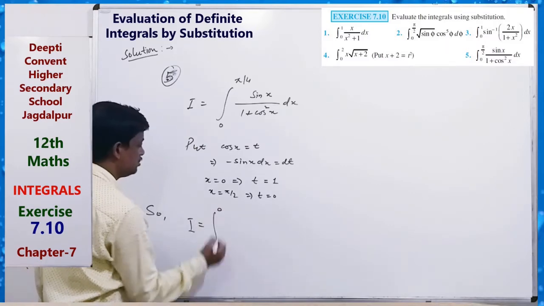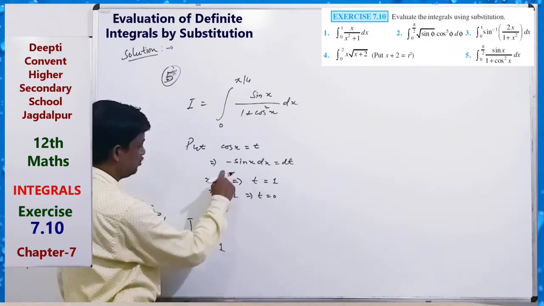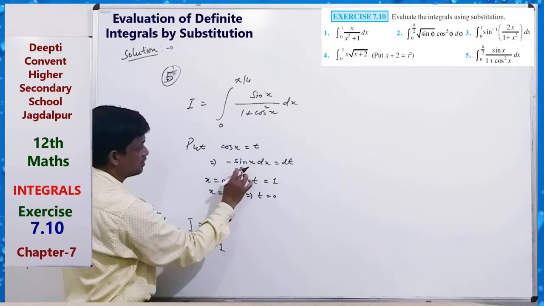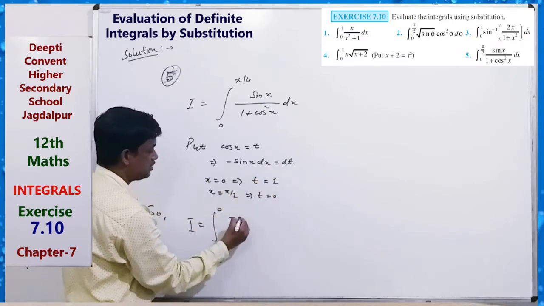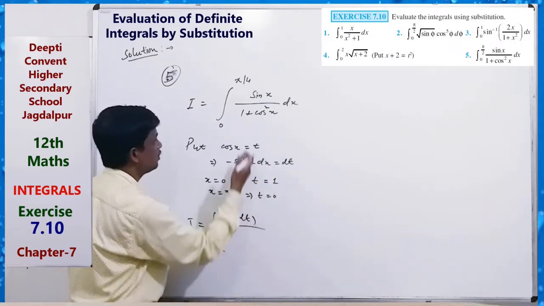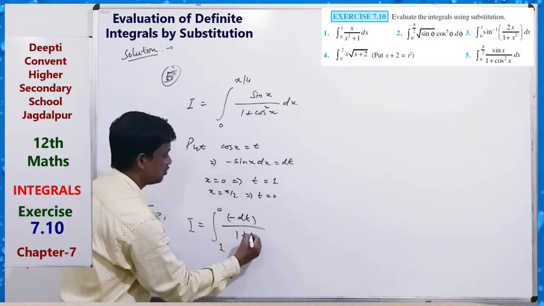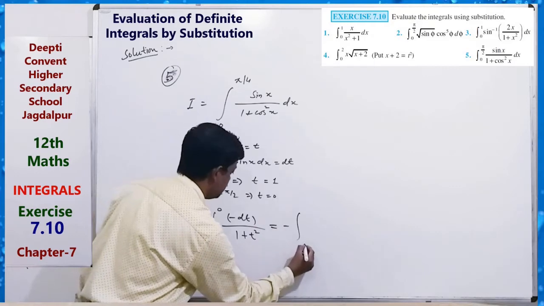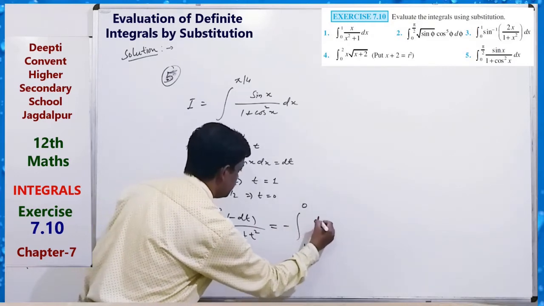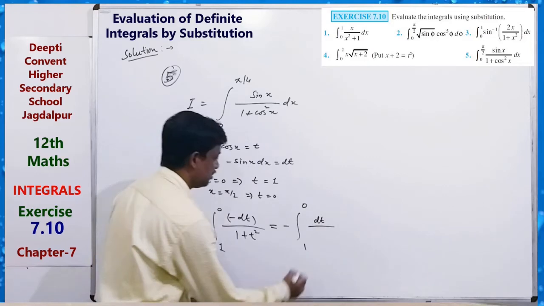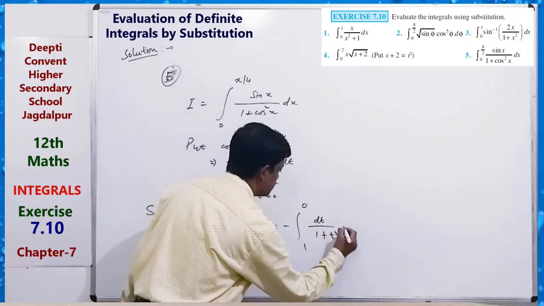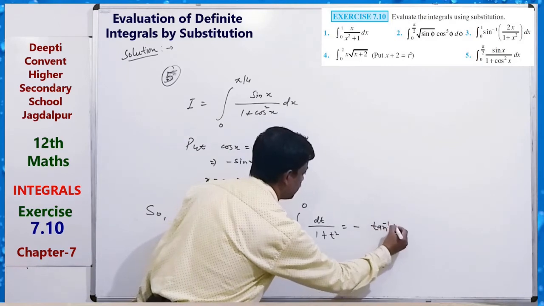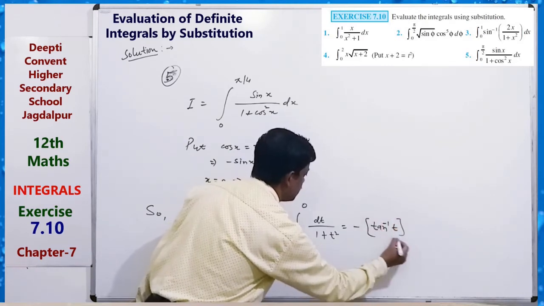Here sin x dx equals minus dt, so we get minus the integral from 1 to 0 of dt upon 1 plus t square. So we get minus tan inverse t, limit 1 to 0.